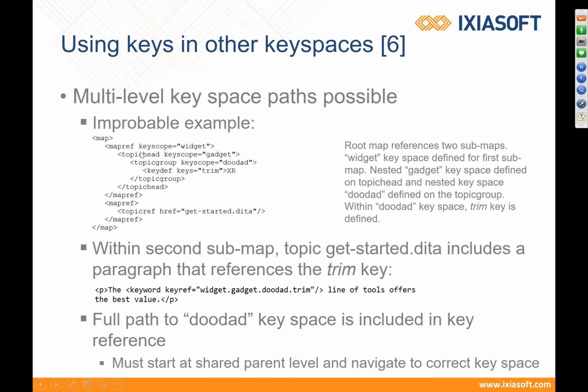So this is where, at the sibling level, you have to start. Or actually, technically, you're starting at the parent of those siblings, but you don't have to cite that in your path anywhere. You just start at the root level of the map and then start navigating down through your nested key spaces to finally get to the key space where the key you want to use is defined.